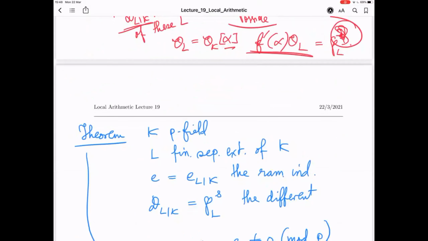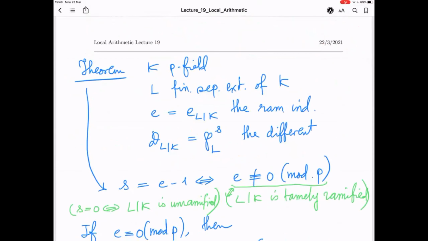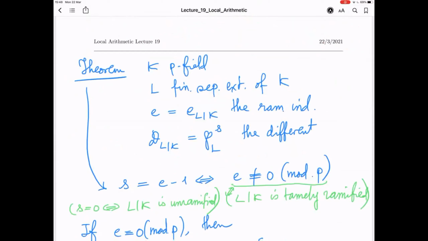Fine. So now let's come to this theorem, which gives you some information about this exponent that I was talking about. The situation is that you have a p-adic field K, you have a finite separable extension L of K, and you have the ramification index e_L/K, and you have the different, which is some power of the unique maximal ideal of OL.